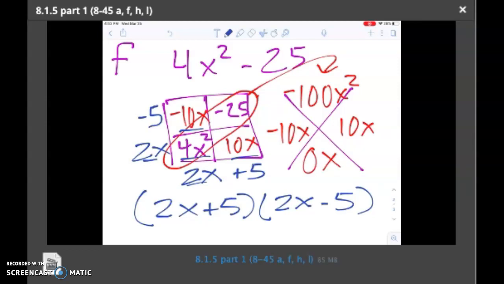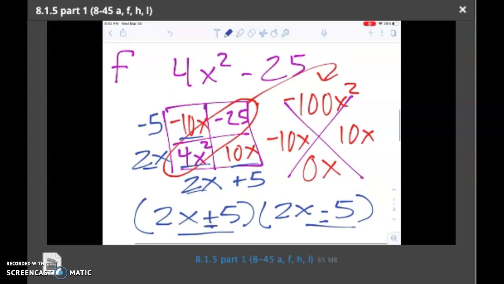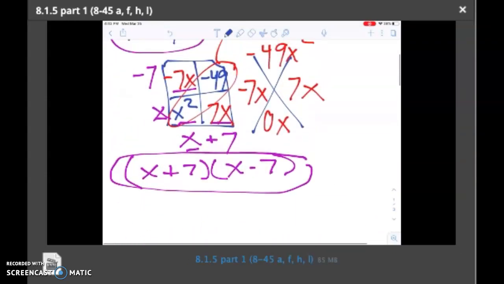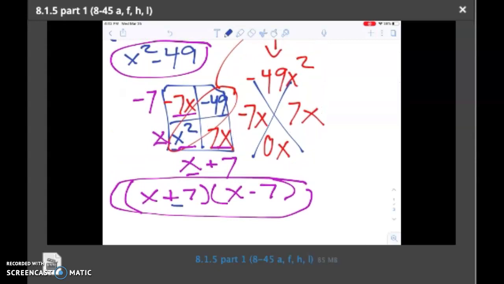So I'm noticing a pattern when I look at these problems. The only difference between my two factors is that I have a plus 5 and a negative 5. When I go back to the other problem, they're the exact same except this is a plus 7 and this is a minus 7.